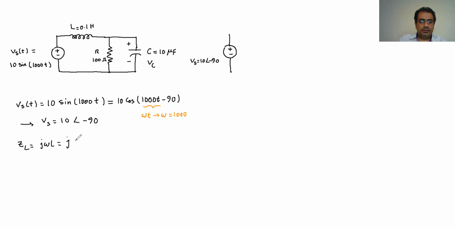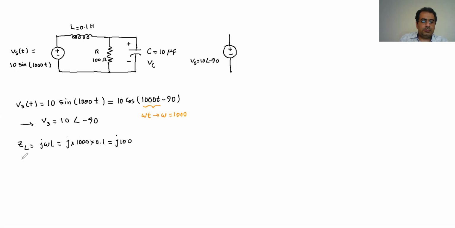So it's j times 1000 times 0.1, which gives us j100. So that is ZL.